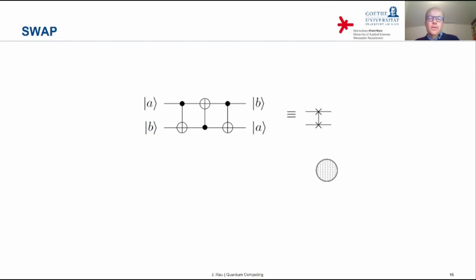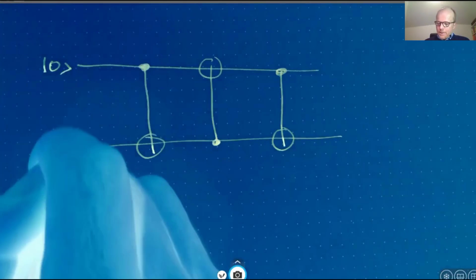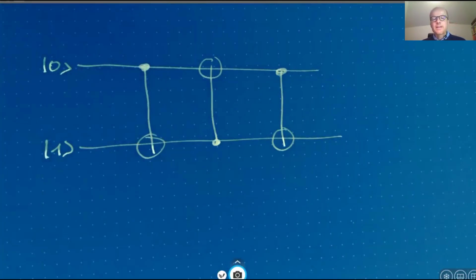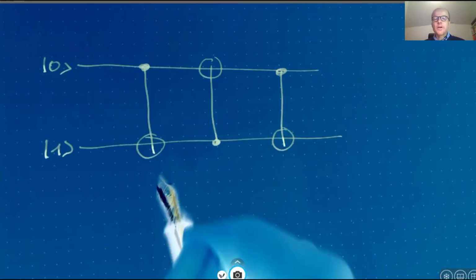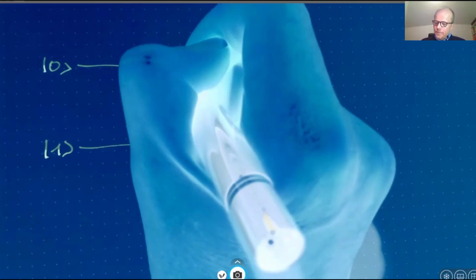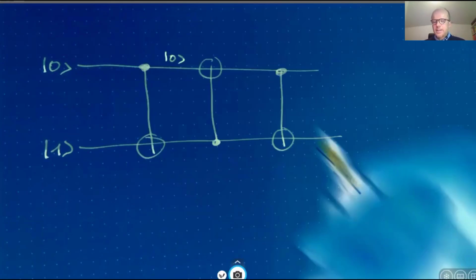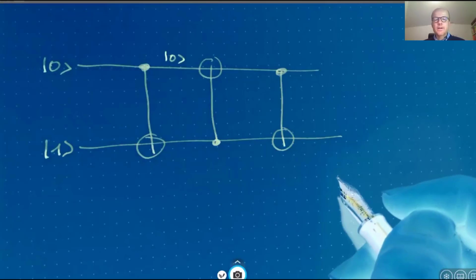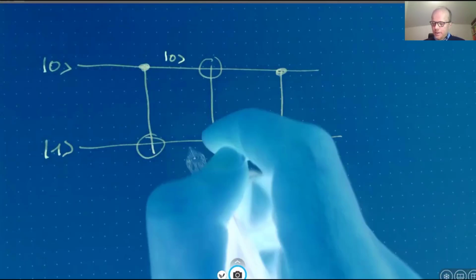We can check that for a simple example. Let's say A is 0, B is 1. We go in with the basis states 0 and 1. After the first C0, the control doesn't change. It remains 0. And since the control was in the basis state 0, the target doesn't change either.